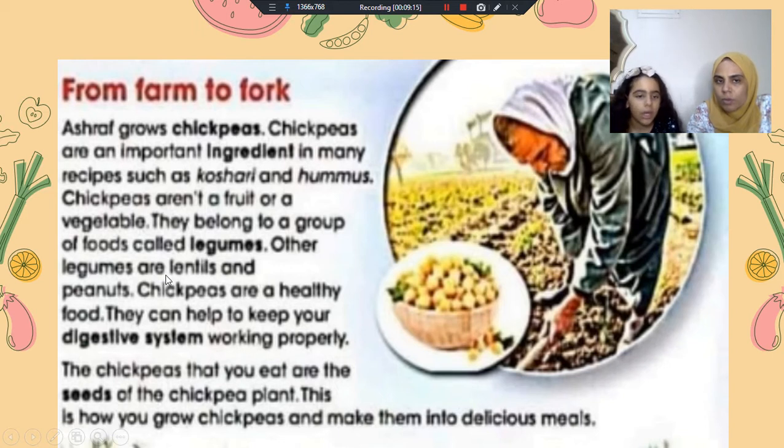Other legumes are lentils and peanuts. Chickpeas are a healthy food. They can help to keep your digestive system working properly. The chickpeas that you eat are seeds of the chickpea plant. This is how you grow chickpeas and make them into delicious meals.